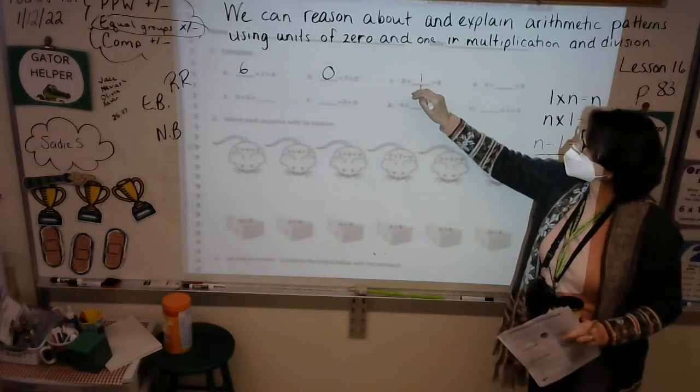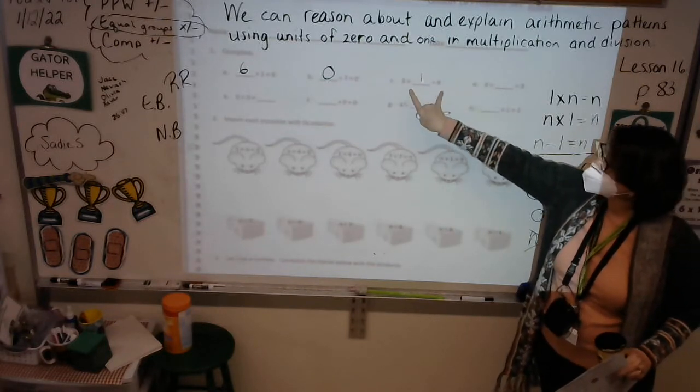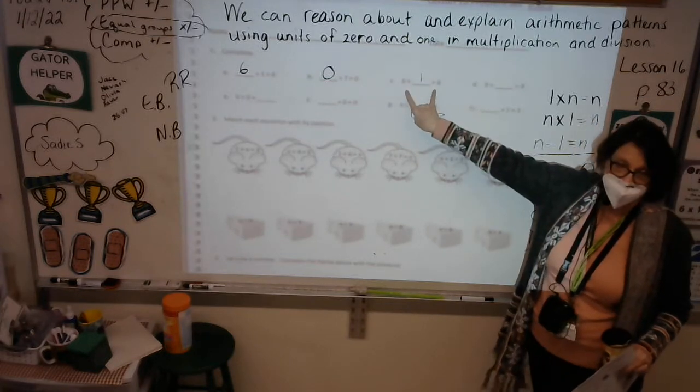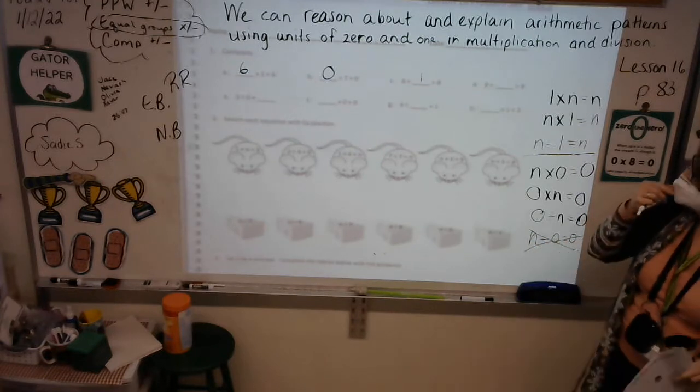Very good. 8 times 1 equals 8. If I remember 1 and the same, you see a 1, the other two numbers are the same. So if you have two numbers that are the same, you know your missing number in the number sentence has to be 1.